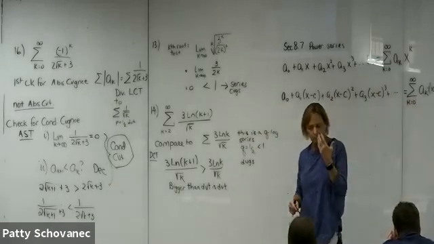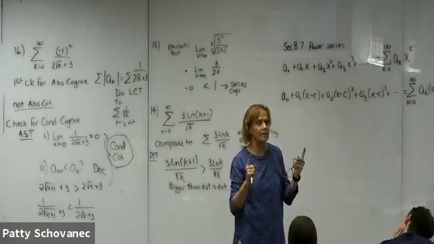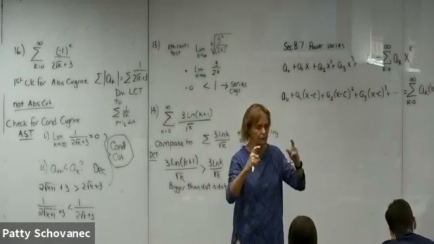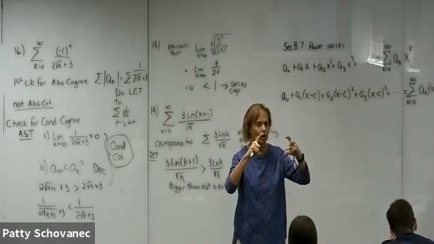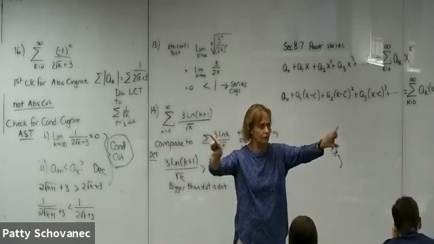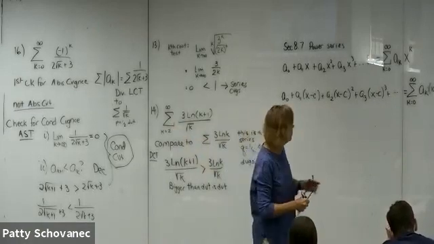They will converge on some interval. The interval might be a portion of the real number line, either a closed interval, half open, half closed, or an open interval. They might converge over the entire number line, or they might converge only for a single point.